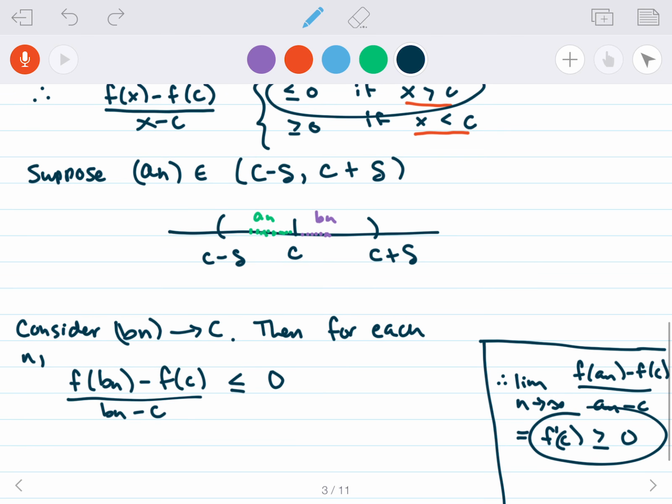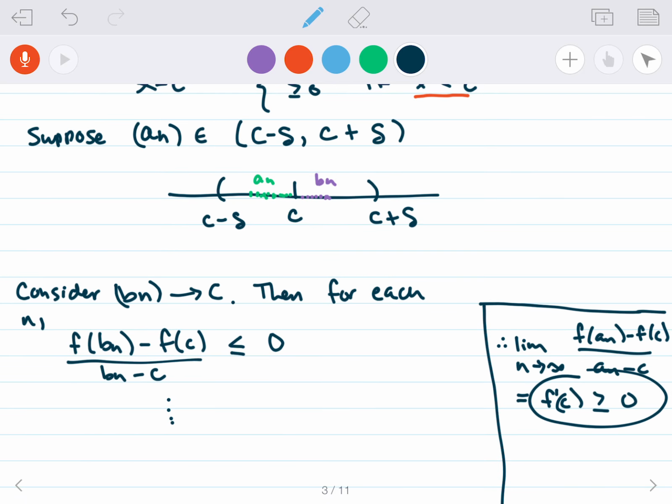All right, and so, following the same process that we did before, taking the limit, what we get is that the limit of this guy we know is going to be f prime of c. And so that implies that f prime of c, since this is less than or equal to 0 for every n, when I take the limit, that limit better be less than or equal to 0 as well.